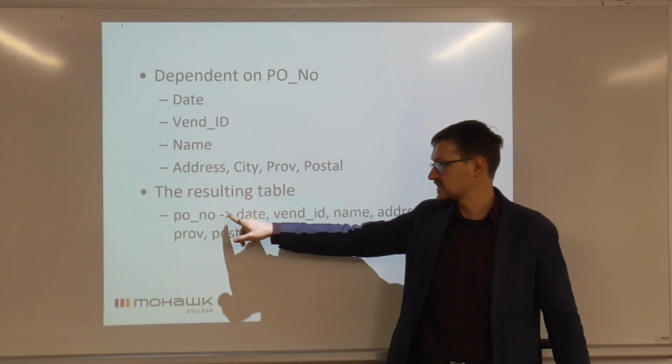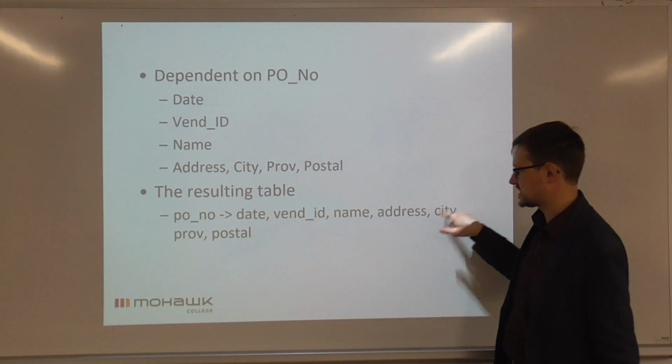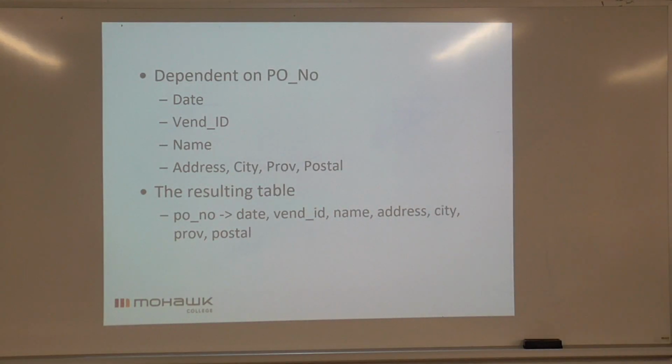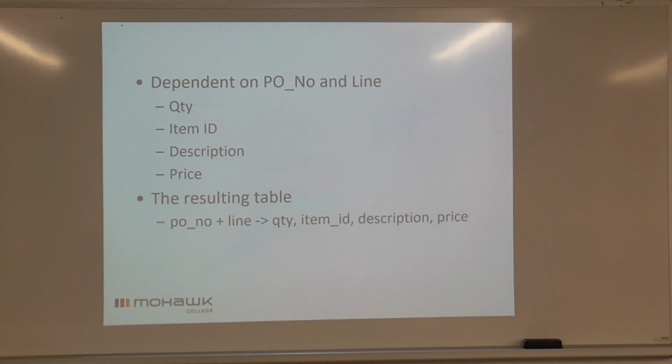PO number gives us date, vendor ID, name, address, city, province, and postal code. Dependent on PO and line. Interesting. PO plus line, the slides are claiming quantity, item ID, description, and price.